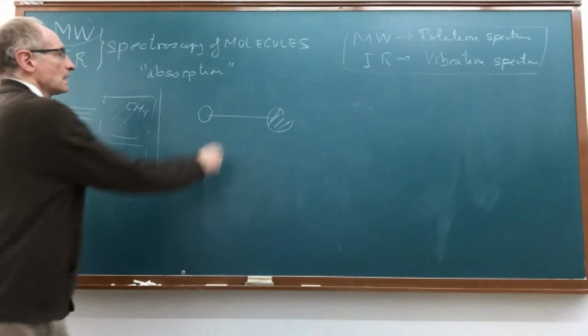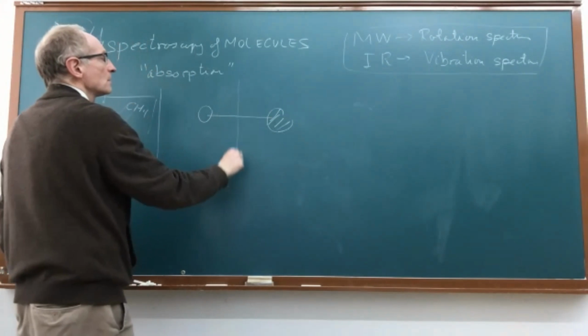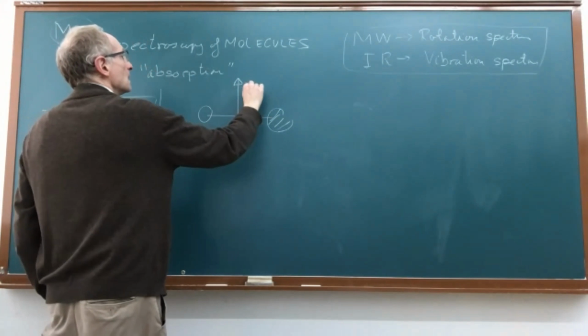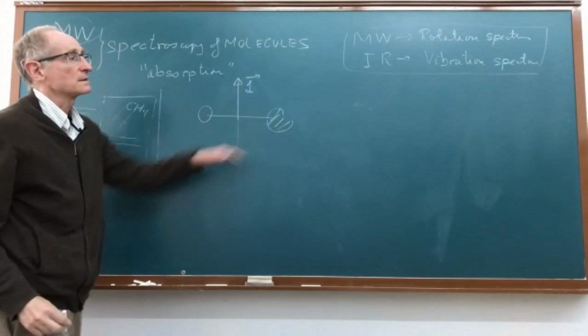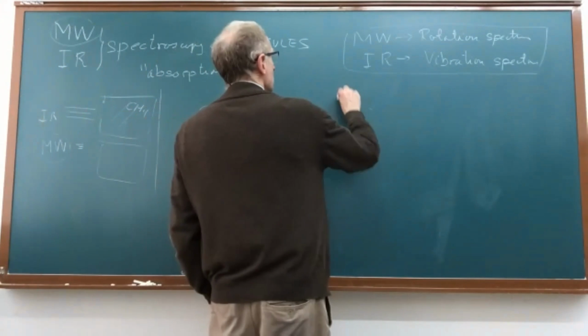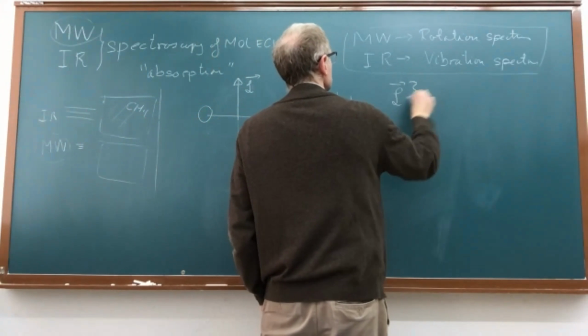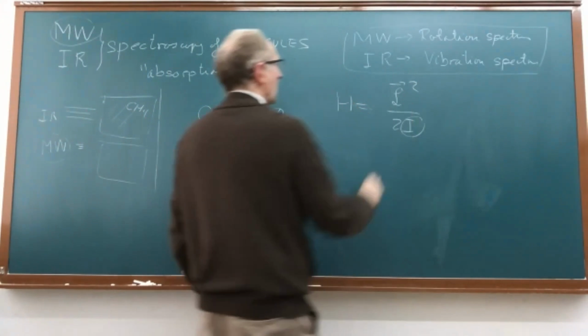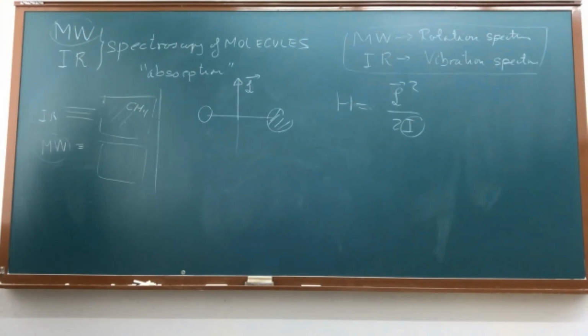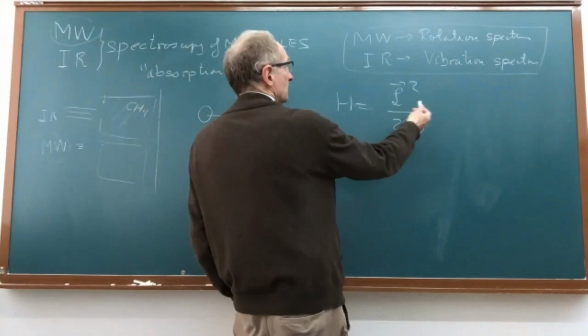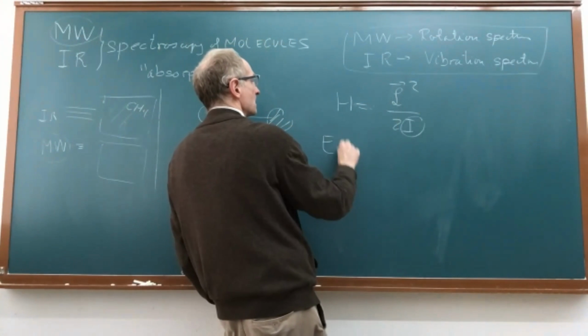And for a diatomic molecule, the L is always perpendicular to the axis. And the energy, the Hamiltonian, is just given by this. I is the moment of inertia. So the eigenvalues are trivial to find.